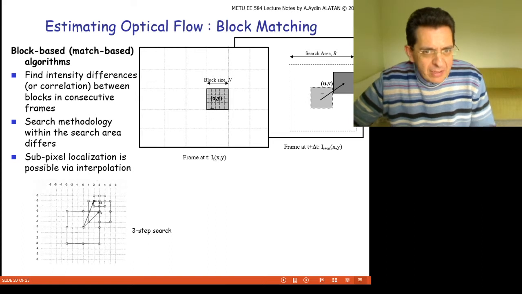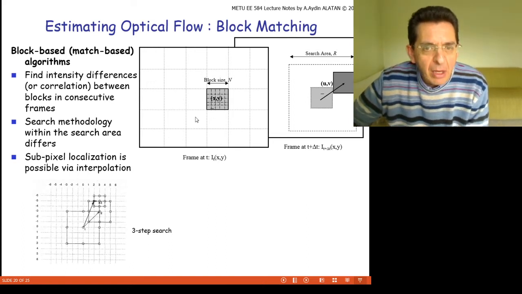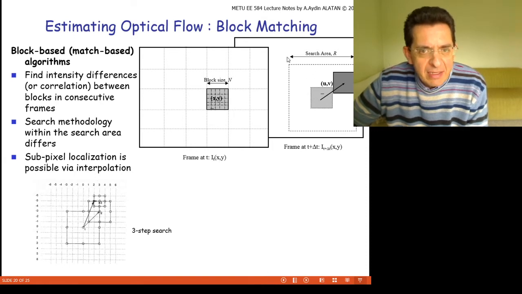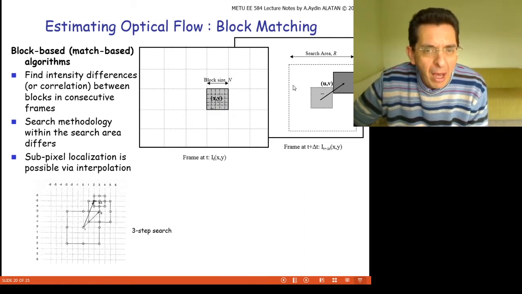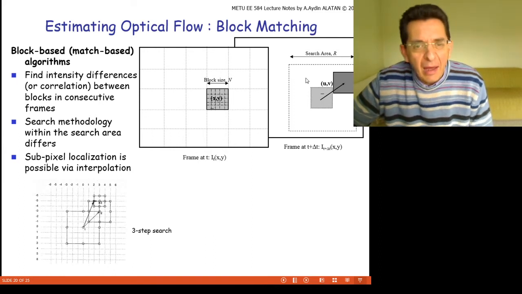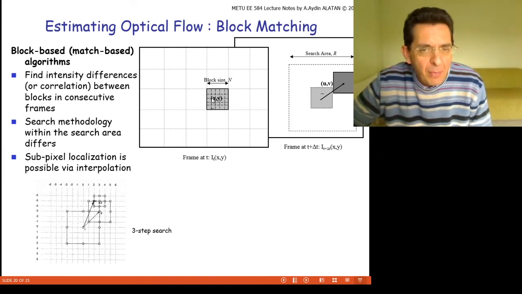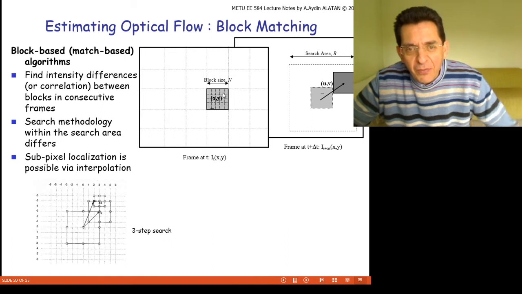This concept is obviously a little bit computationally costly, because if there are n by n pixels here, and the search space is much bigger with respect to the size of the block, then you are looking at many pixels in this search area one by one, and at every such point I have to make n squared differences.